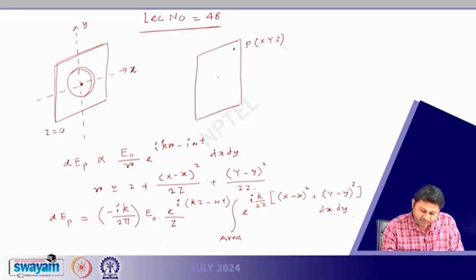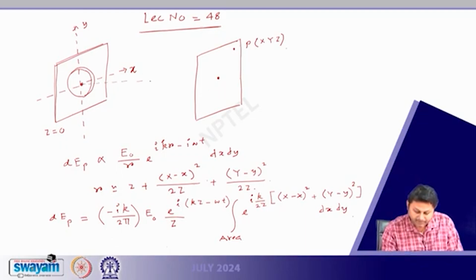This is the point where x, y is equal to 0, and if I put a dotted line towards this point, here x, y is 0 but z is equal to z. So this is a z plane.